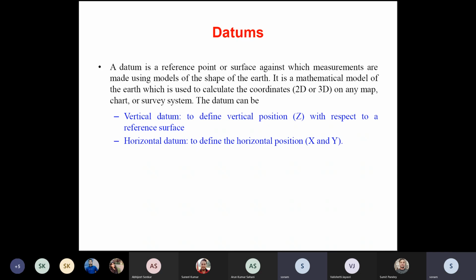With the help of both these datums, we need to measure the location of any object. And why are they so important? If you follow the news, you may have heard that the US is using their missiles.